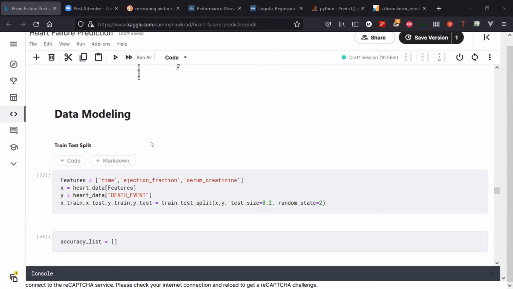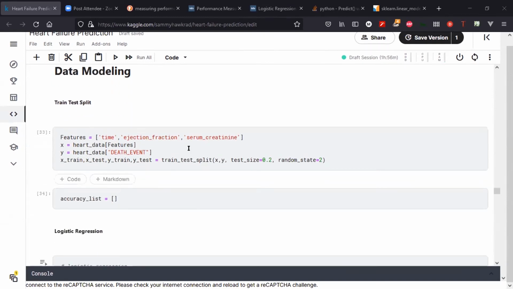So with us, we are going to start with these three features of our data: the time, ejection fraction, and serum creatinine. And based on these three features, we are going to give our model the chance to learn about 80% of our data. So that's what we specify here.